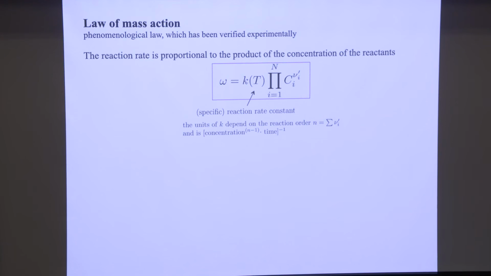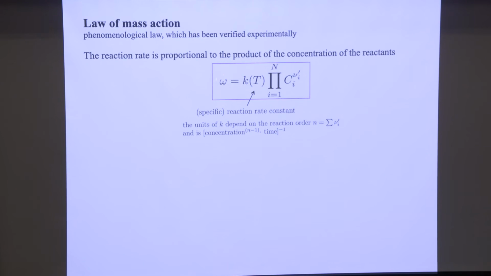We are missing the reaction rate, omega. So again, we rely on a phenomenological law, in other words, a law which was obtained by experimental observation. And that's the law of mass action.